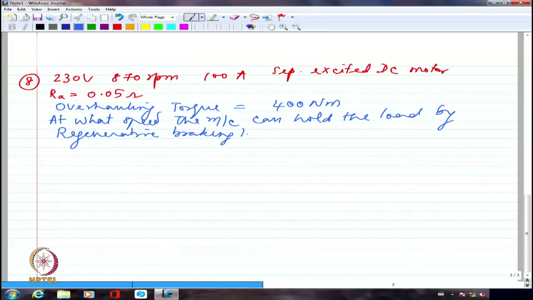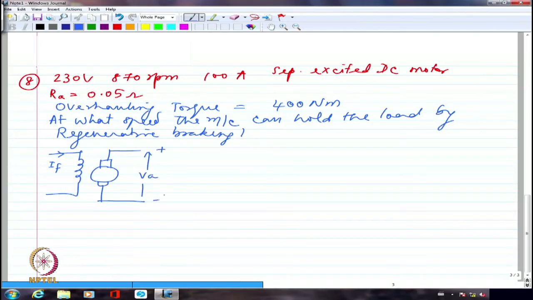First of all, I'll have to tell you what is regenerative braking. So in regenerative braking, normally what we are going to do is, let us say this is my machine, this is a separately excited DC machine, and I am having field here. Okay. If it is actually connected to a voltage supply which is VA like this, right, normally the current is going to flow like this, right.